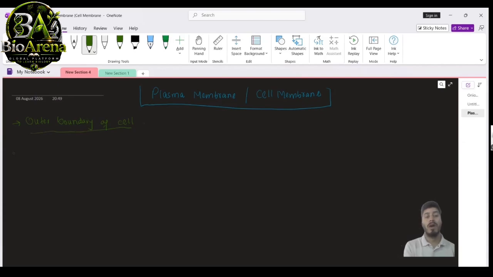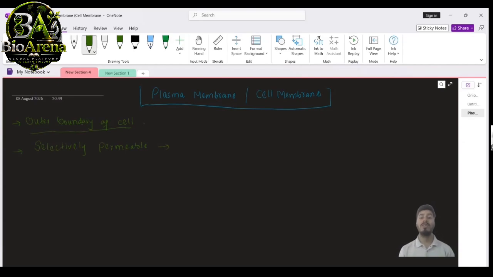Another thing about the plasma membrane is that it is selectively permeable. Selectively permeable means that it only allows certain substances to go inside the plasma membrane and exit from it.